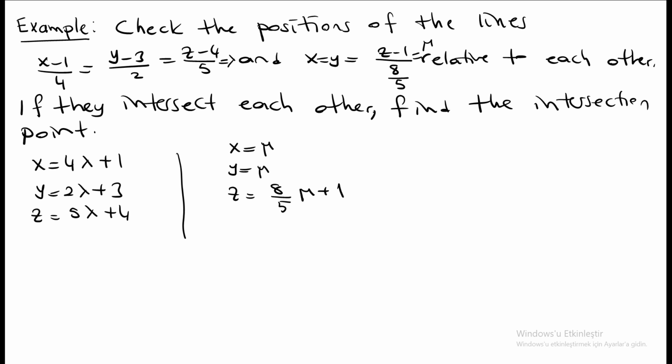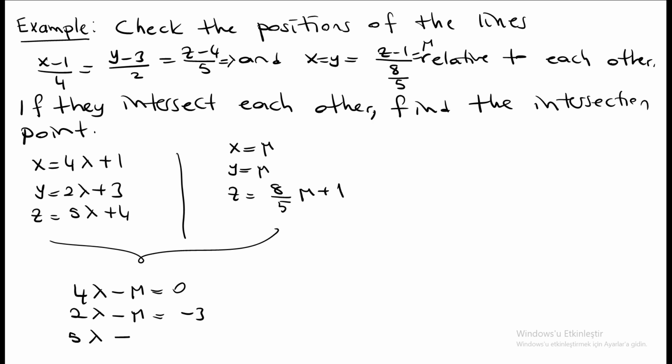So from these equations we have mu equals 0, and 2 times lambda minus mu equals −3, and 5 times lambda minus 8 over 5 mu equals 1 minus 4, −3. So this one will be −1, right?